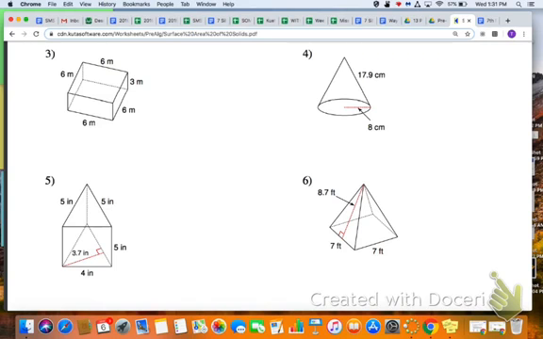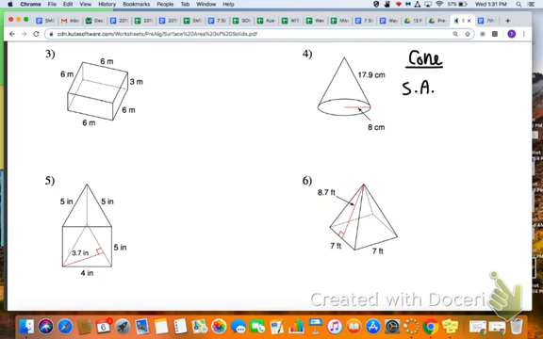So number 4, if you look at that shape closely, I'm hoping that you realize it's actually an ice cream cone with no ice cream in it, okay? It's a cone. So a cone is another special one that we have a special formula for.